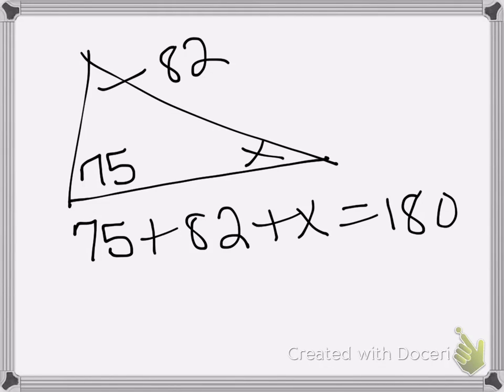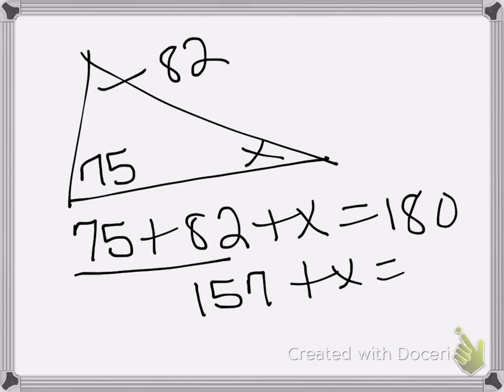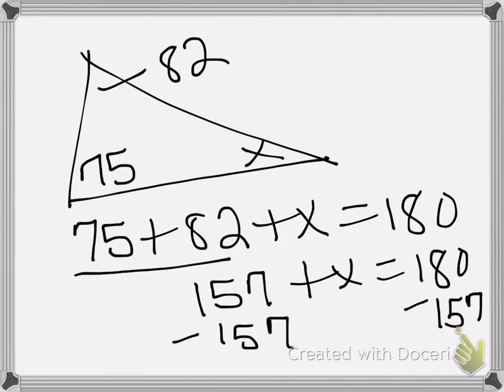Just like when we were solving equations, you would add the 75 and 82 together, which is 157, plus x equals 180. Now, subtract the 157 from both sides, and x will equal 23 degrees.